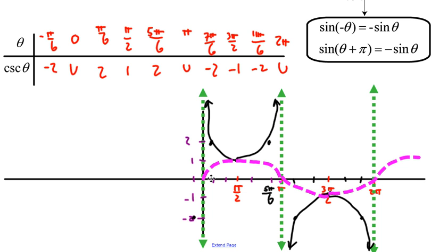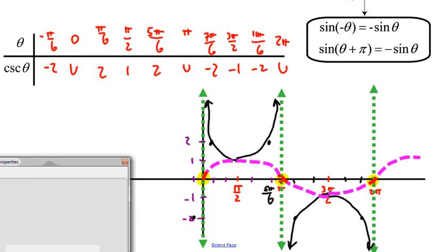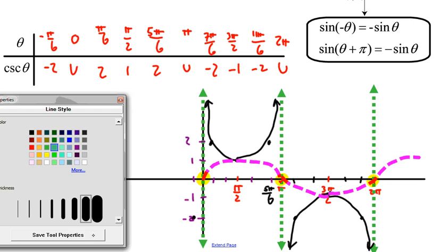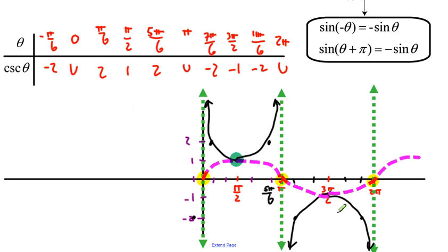Notice that the zeros of our sine curve are our asymptotes, you see, and our max and mins of our sine curve are going to be basically our max and mins of our cosecant.